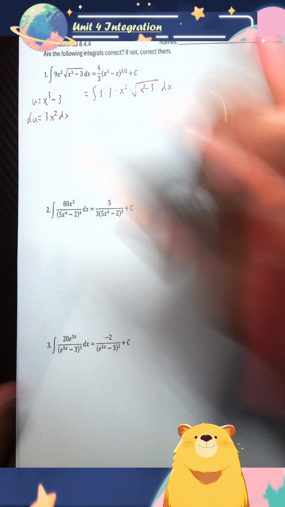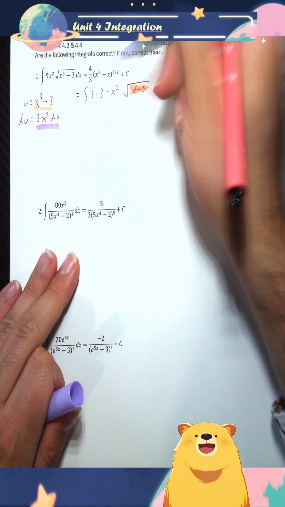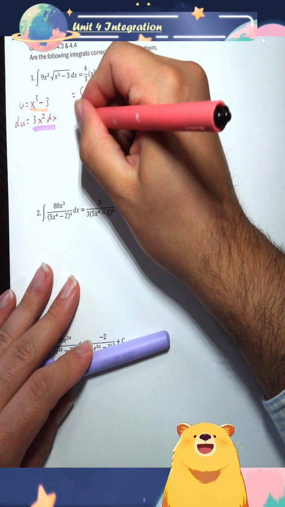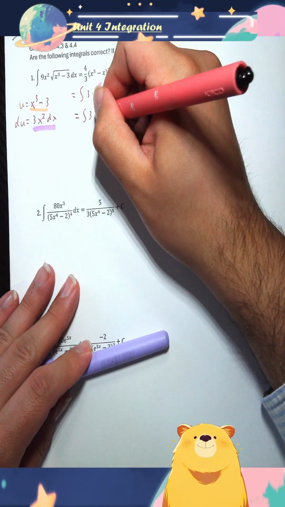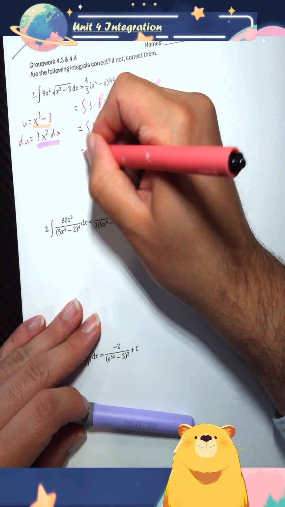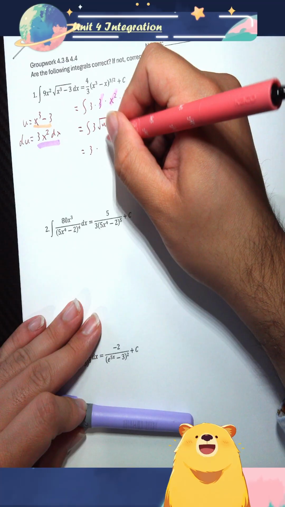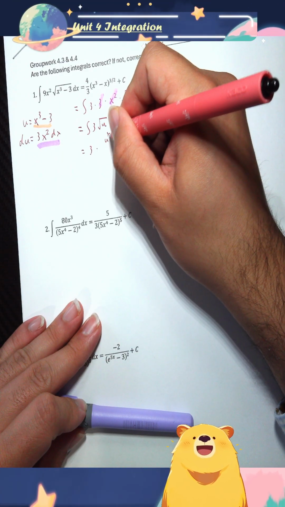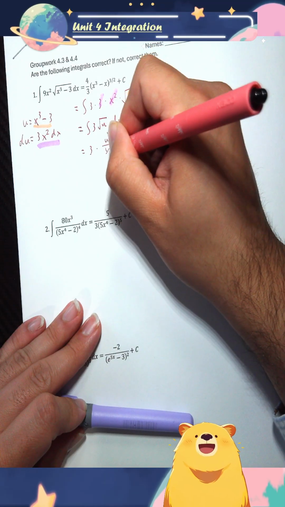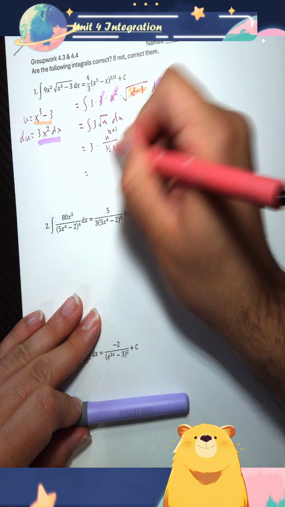And from here, you can replace this part with u, and only this part, and this part with du. So I have the integral of 3 square root of u du, and I get 3 times u to the power of 1 over 2 plus 1, over 1 over 2 plus 1, plus c. Let's simplify that.